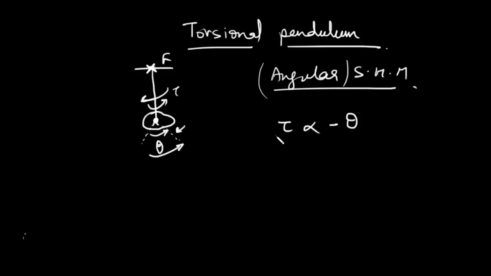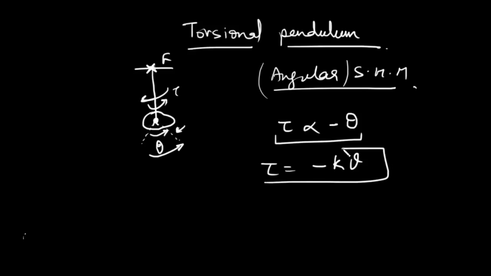So torque is proportional to the angular displacement. So in general, we write this as minus k theta. Again, I am telling you, if I have rotated the disc in the anti-clockwise direction, the string will bring the disc back to the original position.